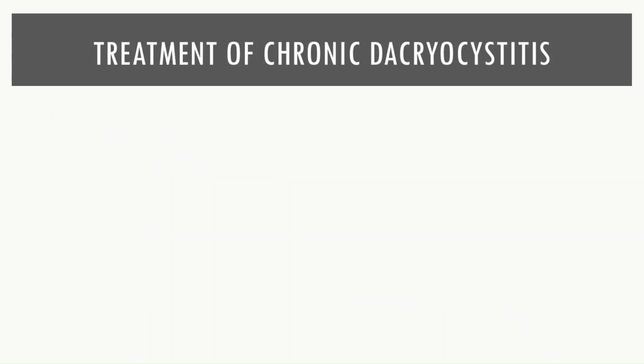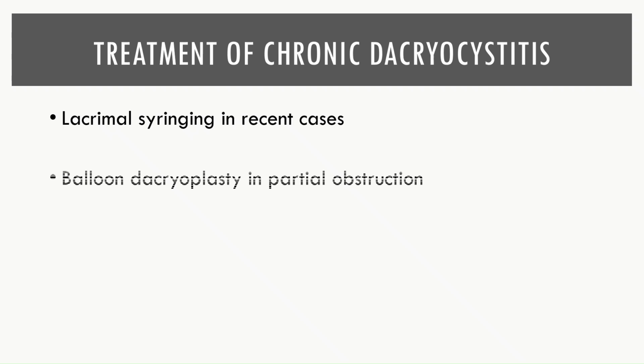Treatment of chronic dacryocystitis. Conservative treatment by probing and lacrimal syringing may be useful in recent cases only. Long-standing cases are almost always associated with blockage of the nasolacrimal duct, which usually does not open up with probing. Balloon dacryoplasty can be tried in patients with partial nasolacrimal duct obstruction, with success rate being 50%.